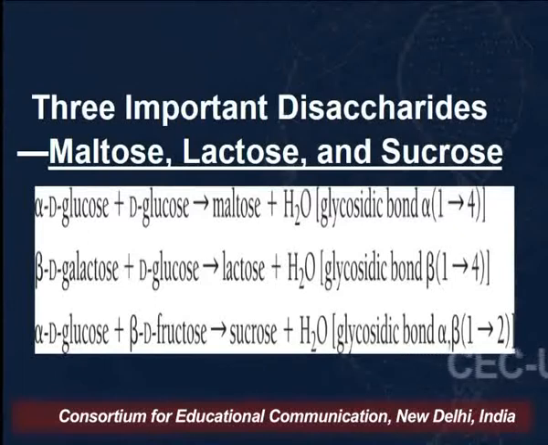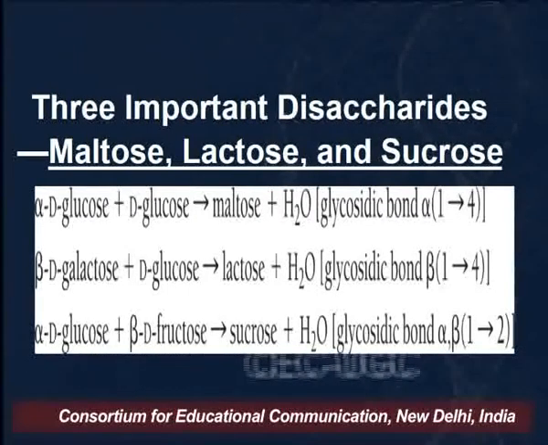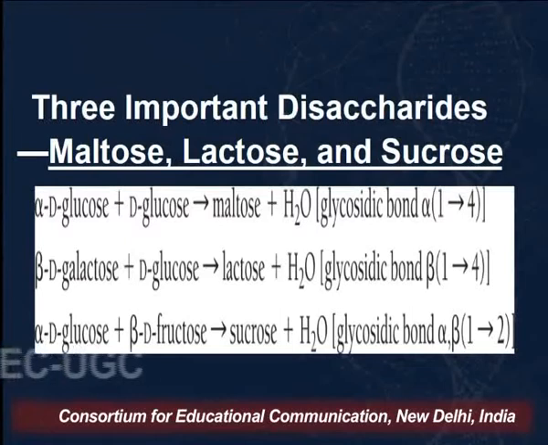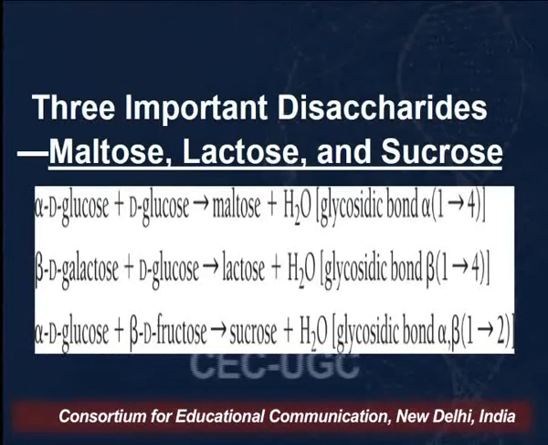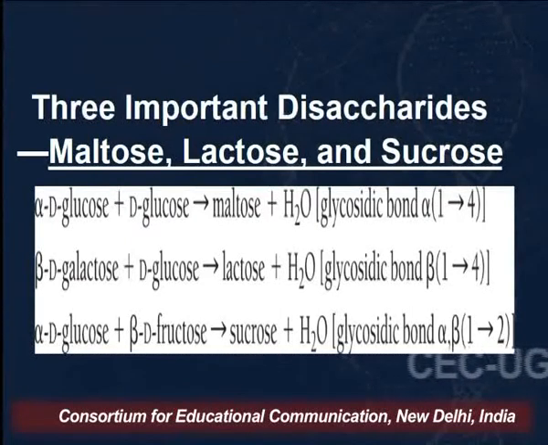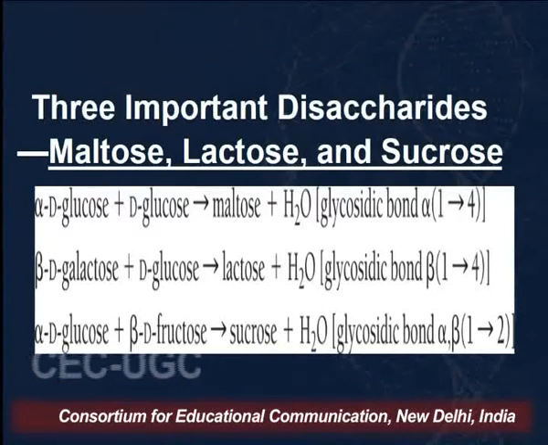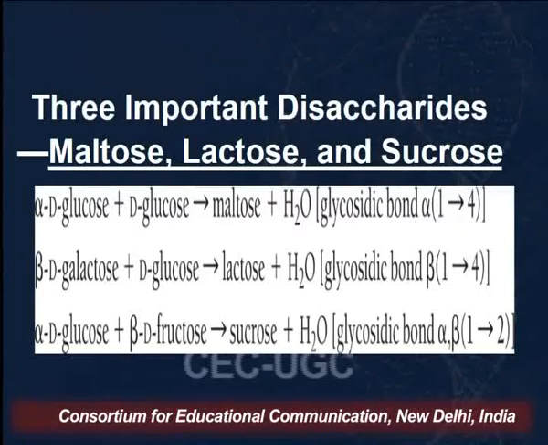Then the emphasis is paid on the linkage. That is why I have discussed the linkages in detail: 1,2, 1,4, 1,6 linkage. They would ask you what kind of linkage you have in maltose. Or in an entrance exam, they can give you a particular disaccharide without naming it. They just give you the structure and then ask you what kind of linkage is there in the molecule.